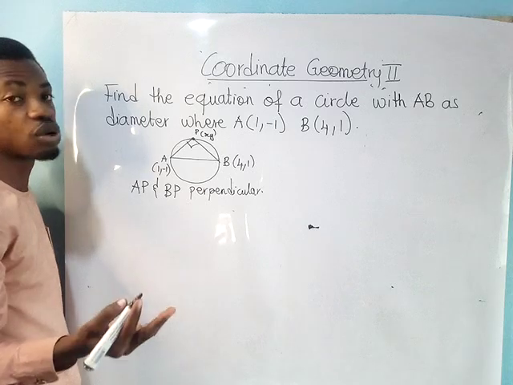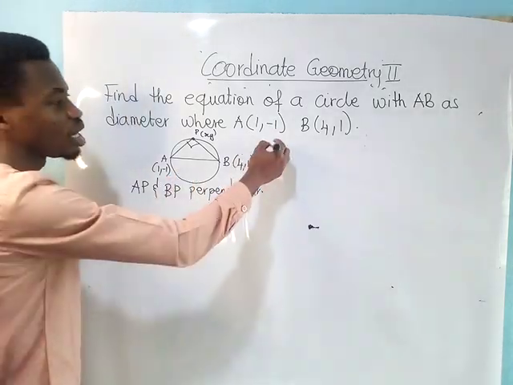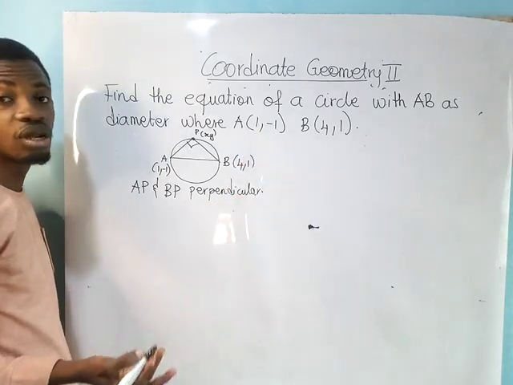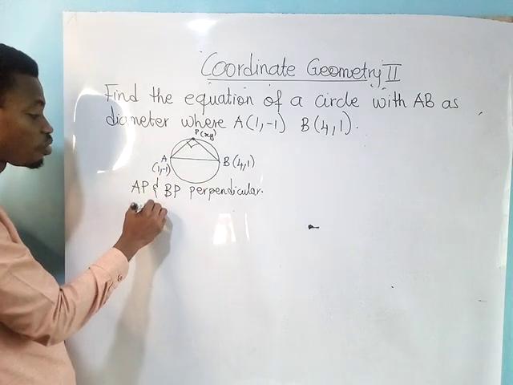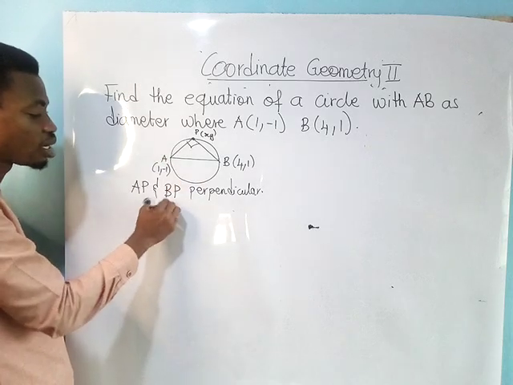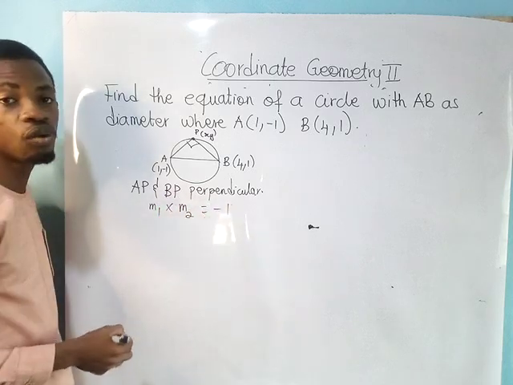Now, from what we've learned under coordinate geometry 1, if two lines are perpendicular, the product of their gradients, that's the gradient of, let's say, AP which is M1 times that of BP which is M2, must give us negative 1.